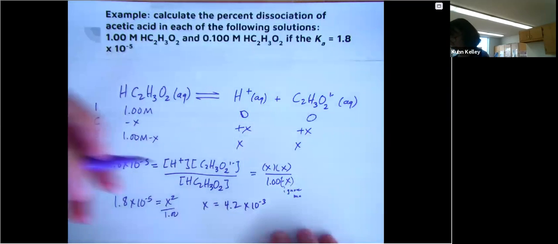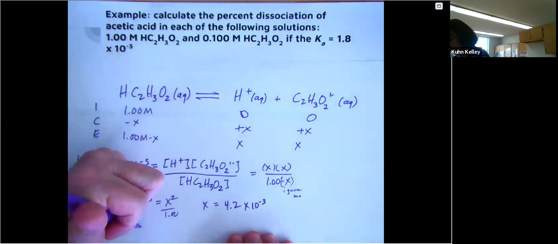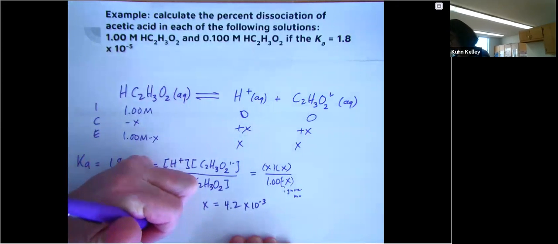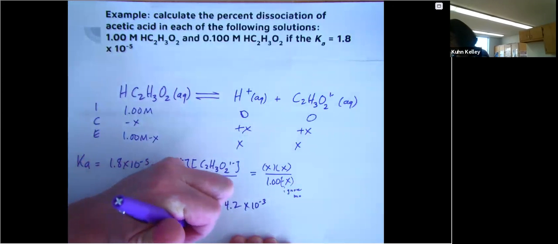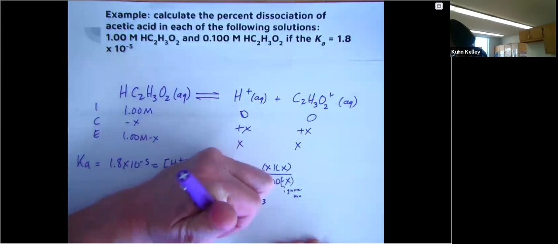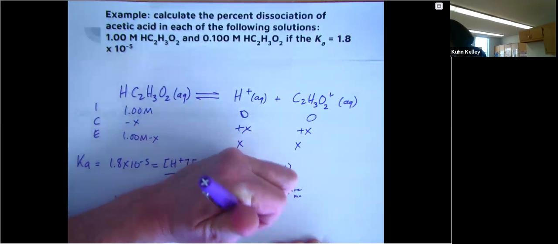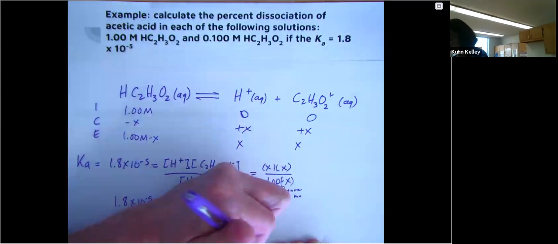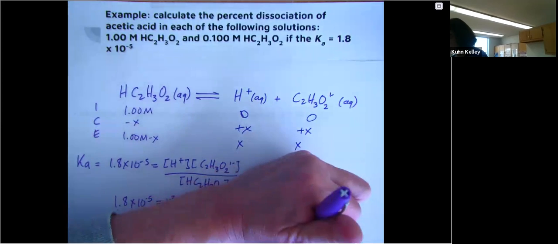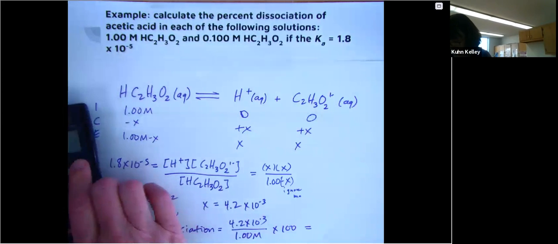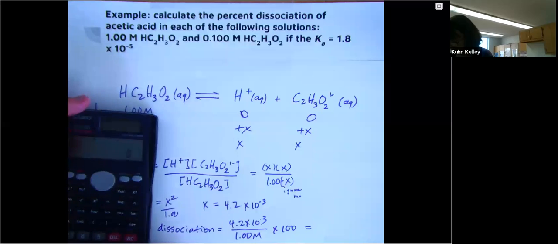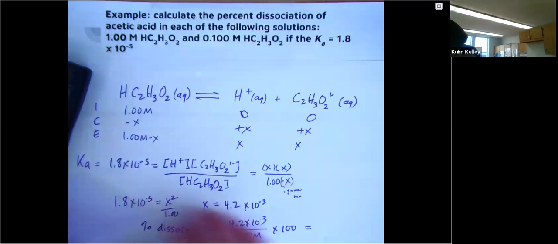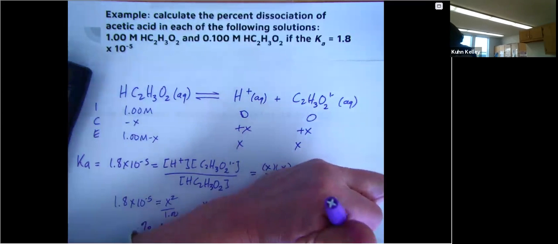My percent dissociation is simply going to be my x, so 4.2 times 10 to the negative third, divided by my concentration, which is 1, times 100. When I put this in my calculator, that is 0.42% dissociation.